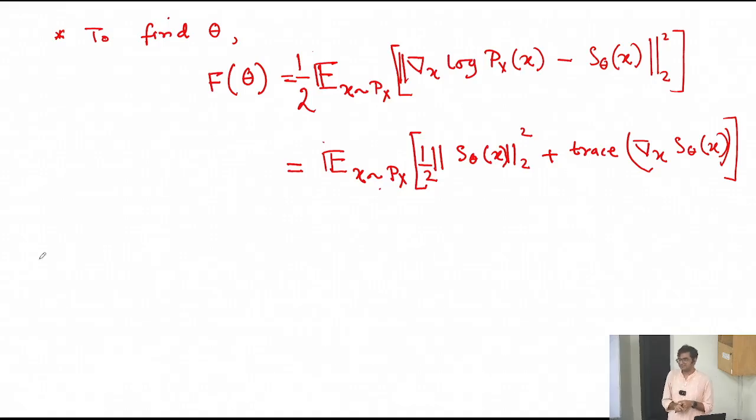Those who know diffusion, you can imagine I'm going in that direction now. The second one is known as slicing score matching. Although you do projection, let's say slicing score matching. These are the two things that we're going to discuss next.